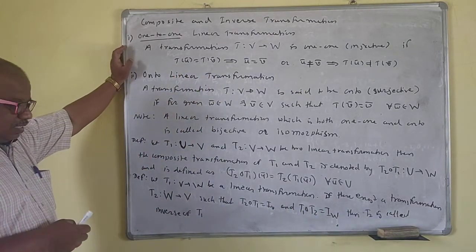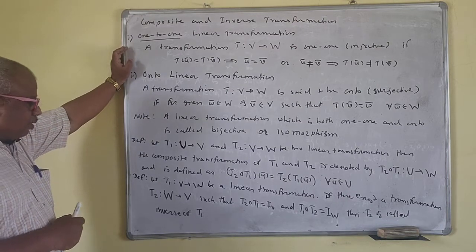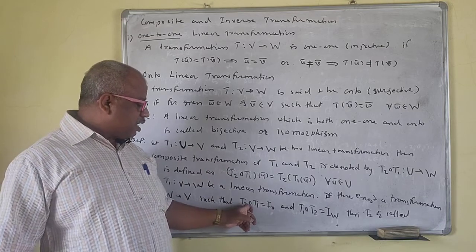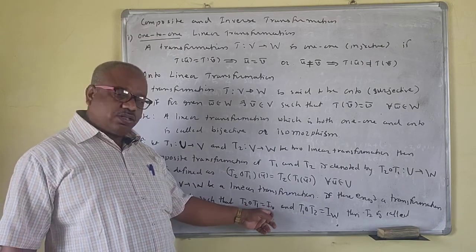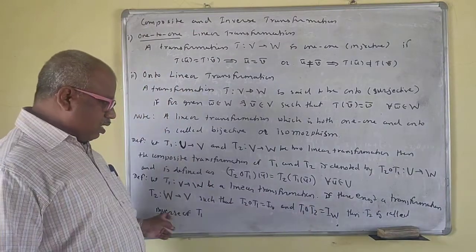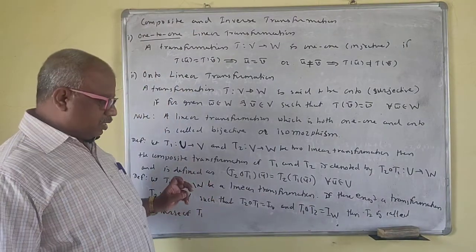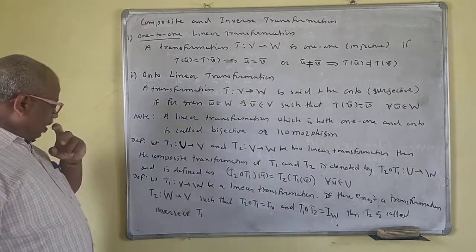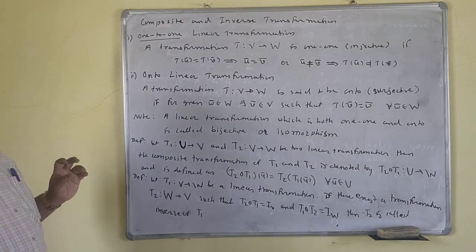So that means the inverse exists here. When there are linear transformations such that T2 compose T1 is identity on V and T1 compose T2 is identity on W, then we say that the inverse exists, and the inverse of T1 is the same as T2.